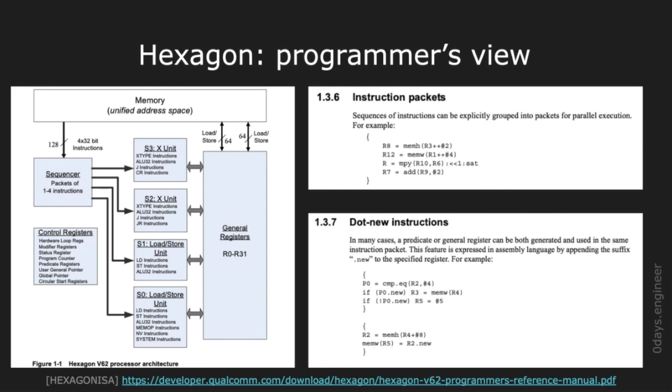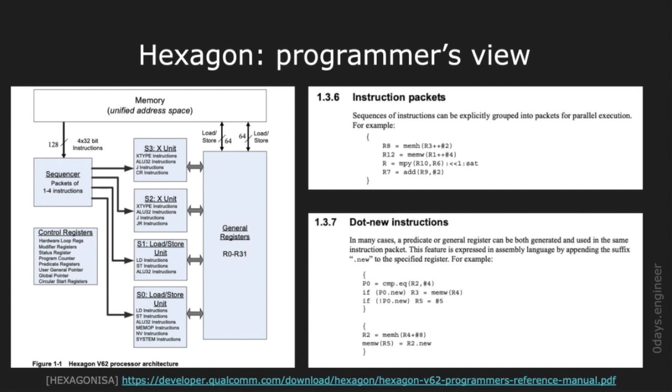On the right side of the slide here is an example of the Hexagon assembly. It is quite funny at times. These curly brackets represent the instructions that are executed simultaneously. And these instructions must be compatible in order to be able to use the distinct processing slots.